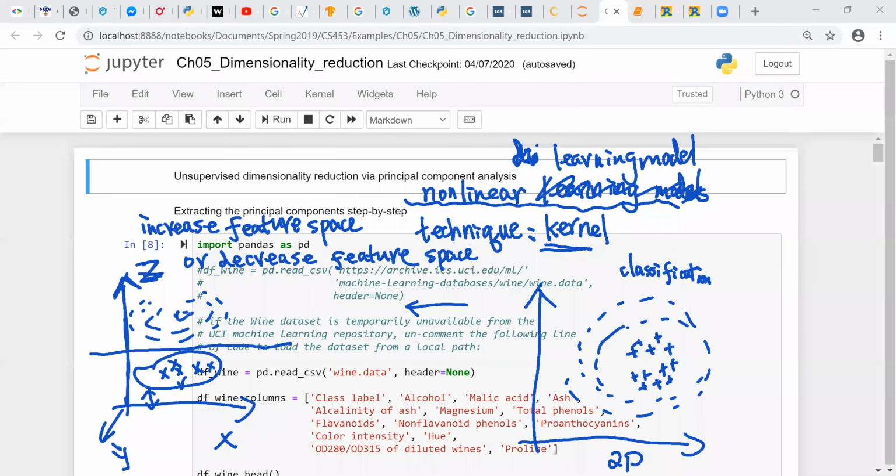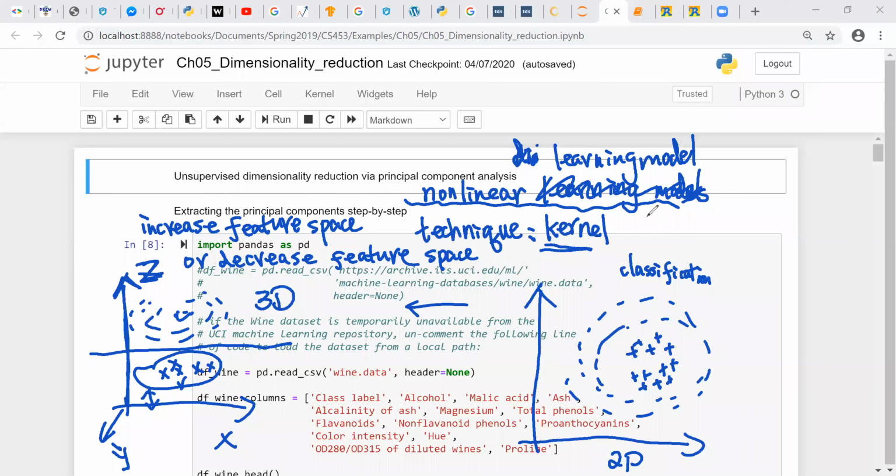So you can write the answer to this. You're going to increase feature space, from 2D to 3D this time. But after you apply the kernel technique on the data set, then it's linear separable. So this technique is called the kernel technique.